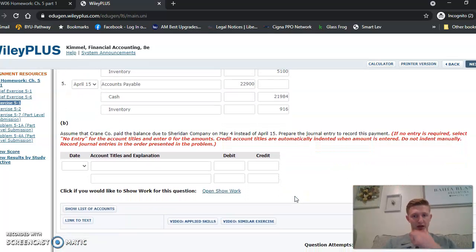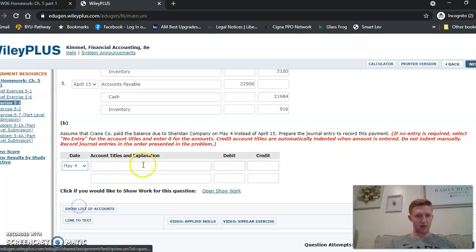And then the last thing here to finish, it says here on Part B, assume that Crane Co. paid the balance due to Sheridan Company on May 4th instead of April 15th. Prepare the journal entry to record this payment. So the date for that was May 4th.